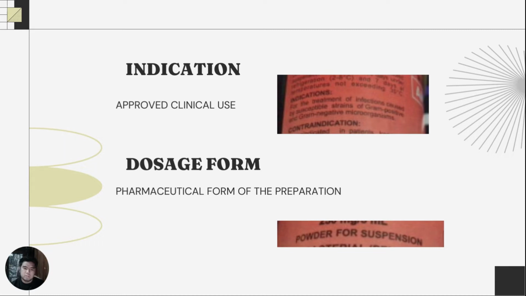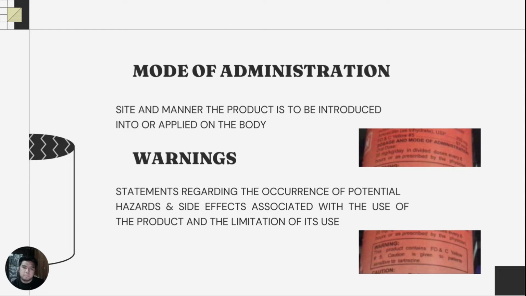Following this is the dosage form, which is the pharmaceutical form of the preparation. Some example of dosage form are tablets, capsules, solutions, suspensions, lozenges, creams, paste, and many more. Next is the mode of administration.